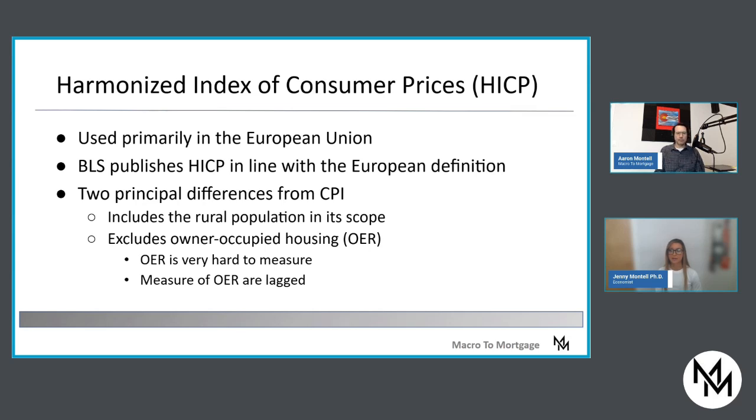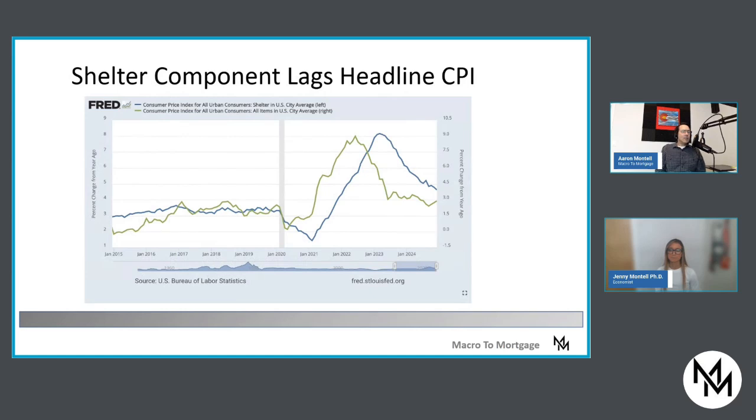But first, Aaron's going to talk about a couple of graphs that show the lagged nature of the housing data. Yeah, it's interesting. I pulled these graphs directly from the St. Louis Fed, so you can go and replicate them if you'd like. But it's just interesting to visually see the lag of shelter. Here in this first chart, we're looking at headline CPI against shelter.